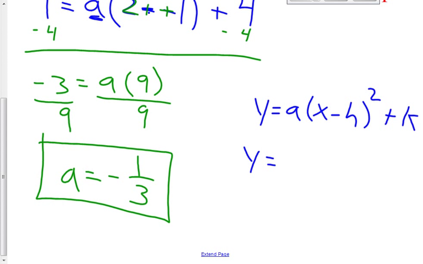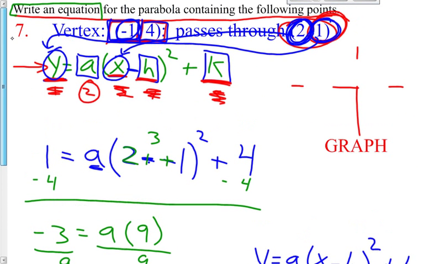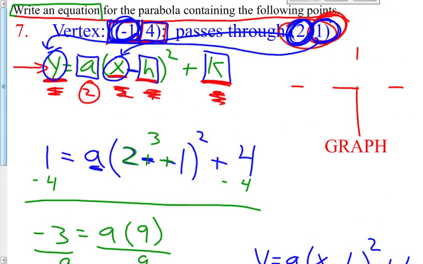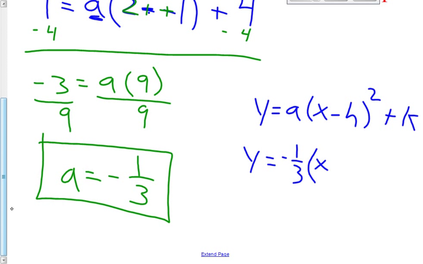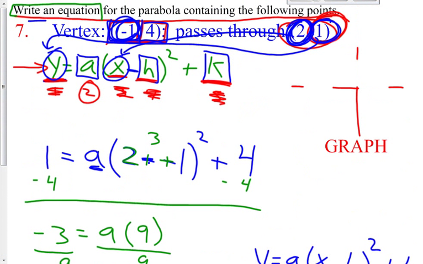Y equals A. A we found to be a negative 1/3 times the quantity x minus the x coordinate. So x minus a minus 1. X minus a minus 1 is x plus 1. So again, kind of going back to when you put it in the parentheses, you also have to take the opposite. The x coordinate is a negative 1.